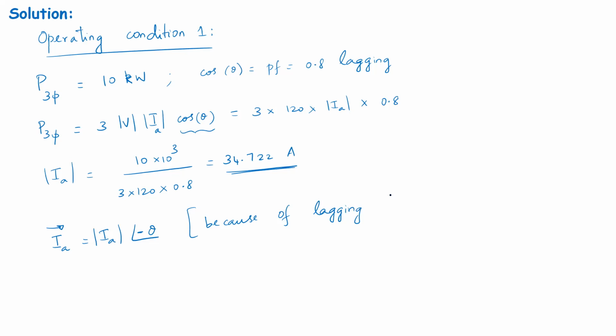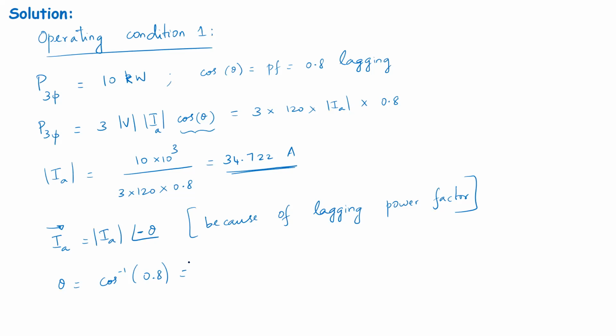The negative sign is because of lagging power factor. If it were a leading power factor operation, then theta will be positive. Now, what is the value of theta? Theta is equal to inverse cos of 0.8, which is most likely close to 37 degrees. Let me quickly calculate that.